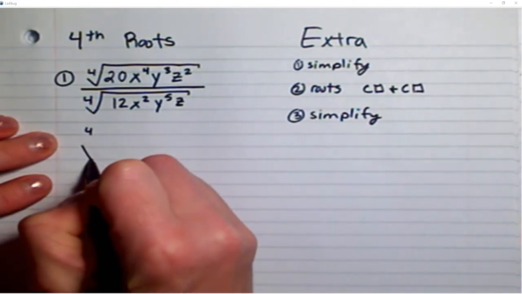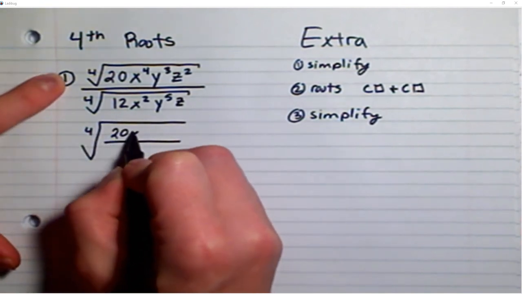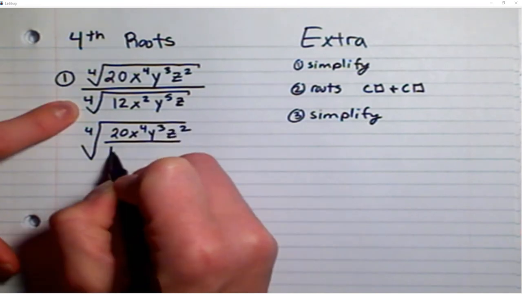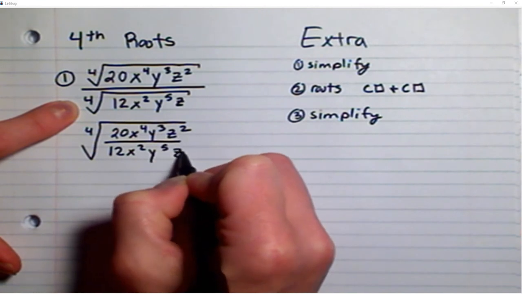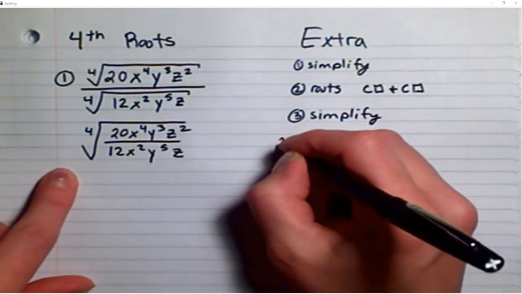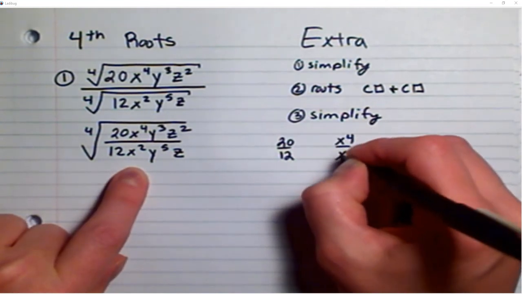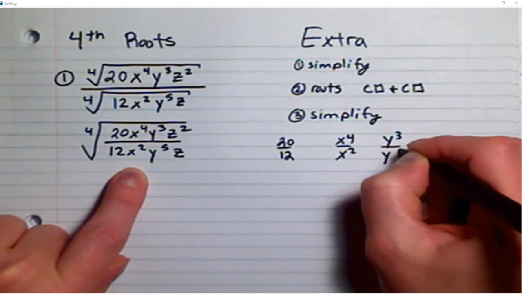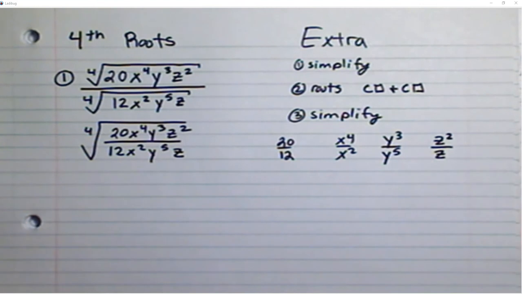So I do know that these are both fourth roots. Okay, and then I'm going to start reducing. I'm just going to pull the pieces over here and see what I can do in order to simplify.